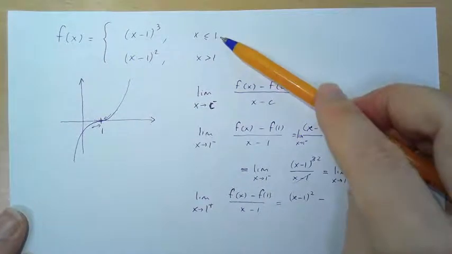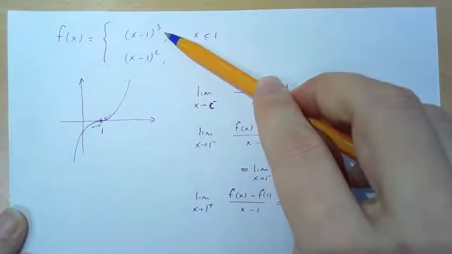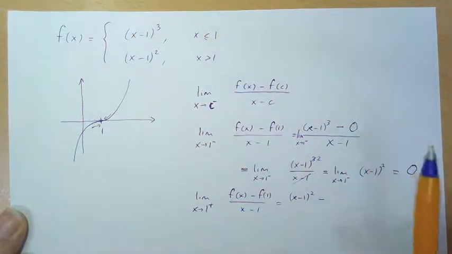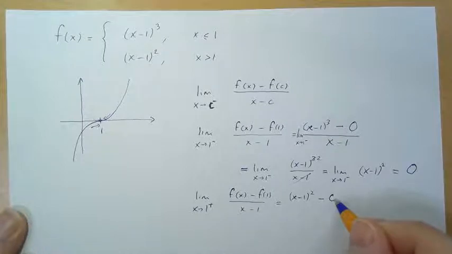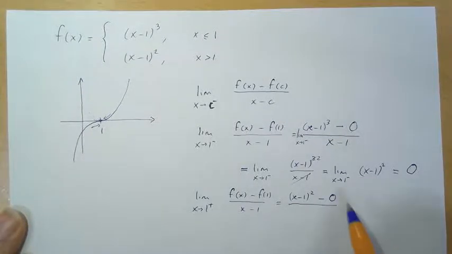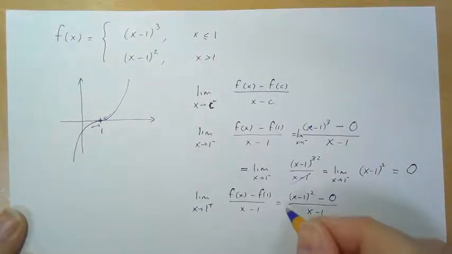Well, f of 1, we're looking at x equals 1, so we should actually plug it in the first equation. It doesn't matter this time, but it may matter sometimes. So anyway, if I plug in x equals 1, I get f of 1 equals 0, divided by x minus 1. Guess what? I forgot to write the limit.